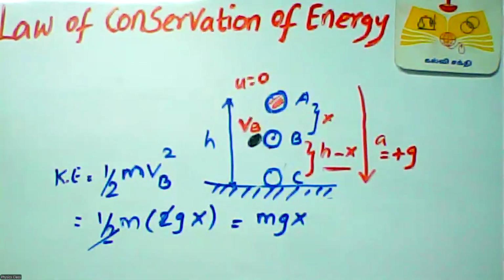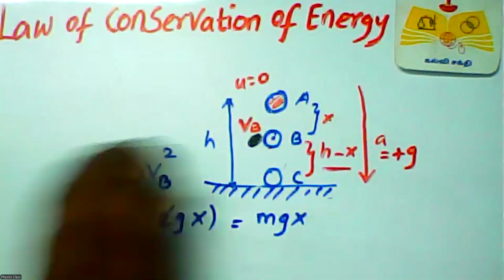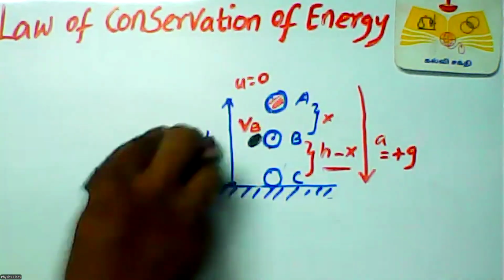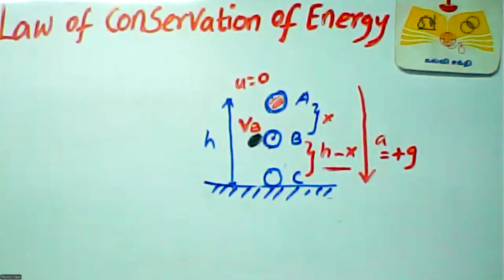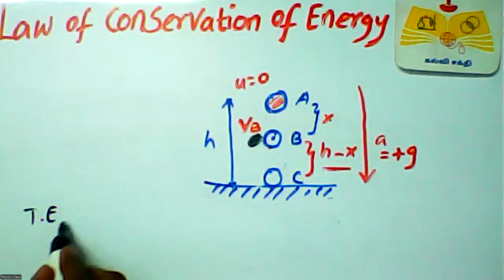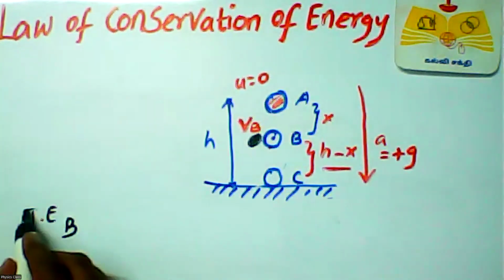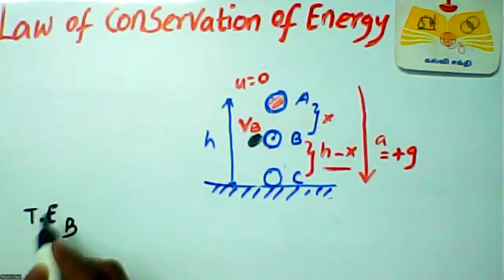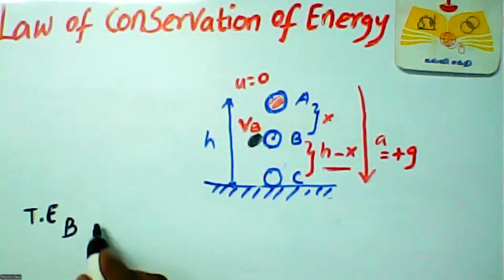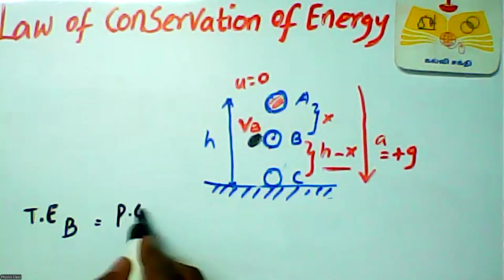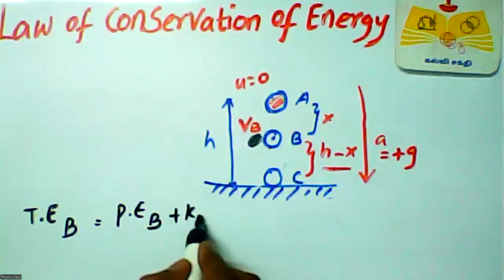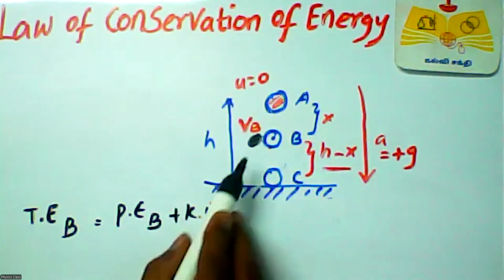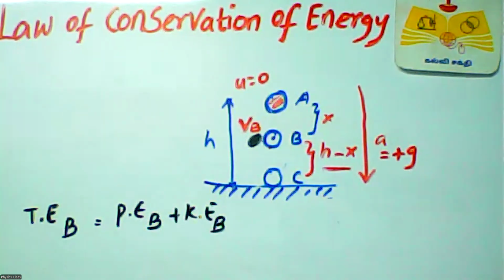Now we can calculate the total mechanical energy at point B, which is equal to potential energy at B plus kinetic energy at B.